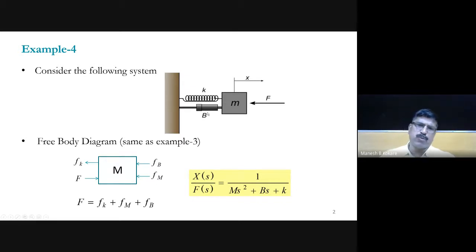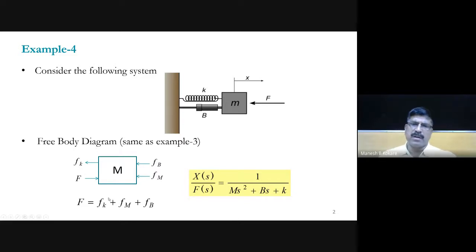Similarly, the reactive force offered by the dashpot element will be Fv, and the reactive force offered by the spring element will be Fk, which is opposite to this one. As per the rules, total incoming force must be equal to total outgoing force. So this is the incoming force, and these are the outgoing forces. So F will be equal to Fk plus Fm plus Fb.